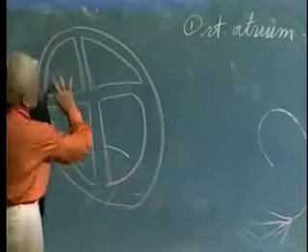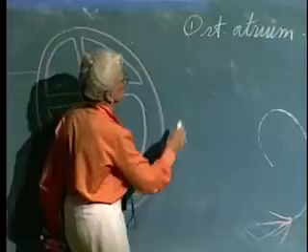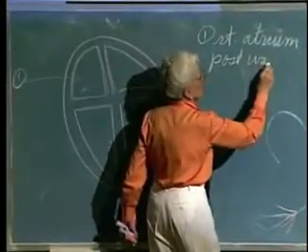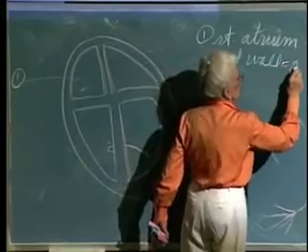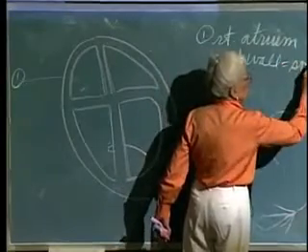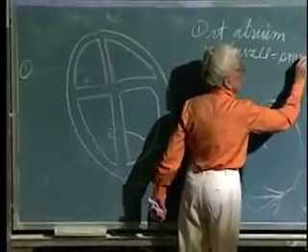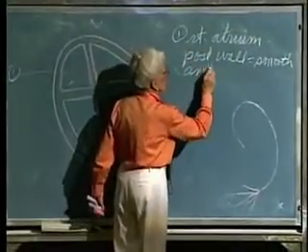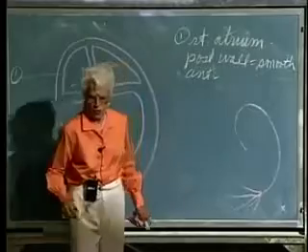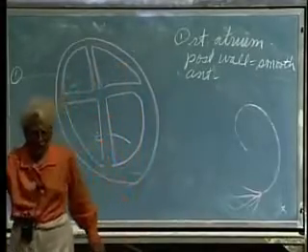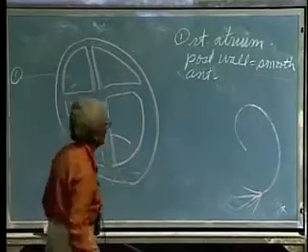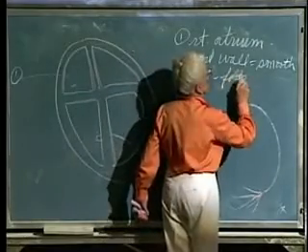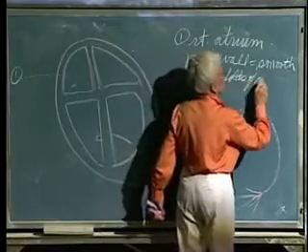The posterior wall of the right atrium will be smooth. The anterior wall of the right atrium will have folds of myocardium in the wall.